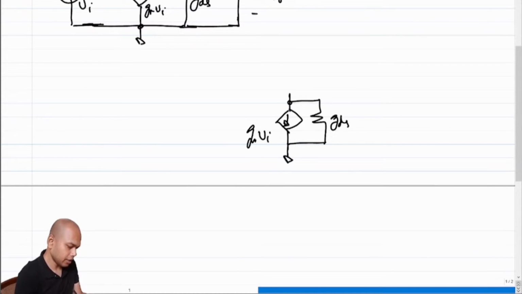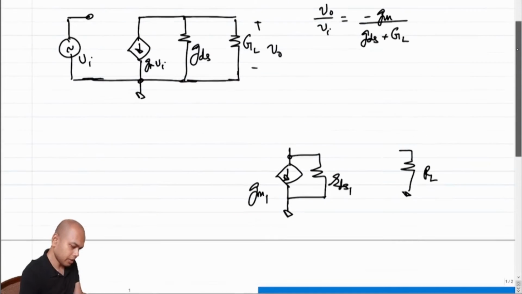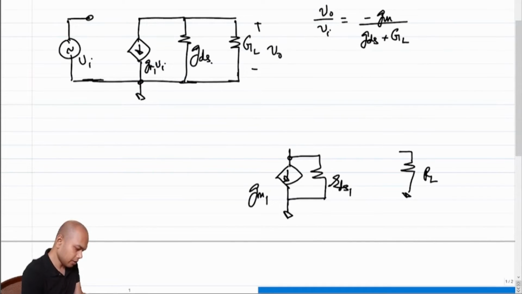We have a load RL or GL. Let me call this RDS1, and let me call this GM1, just to ensure that we are using consistent notations from the previous lecture.